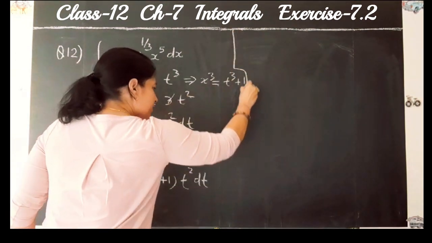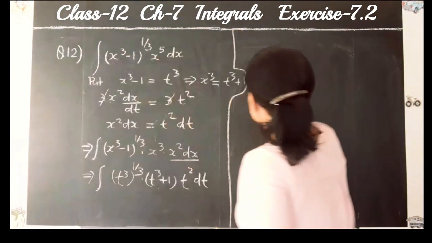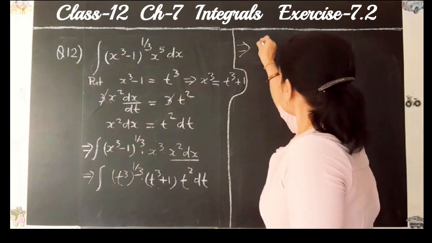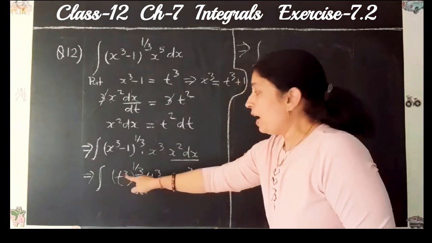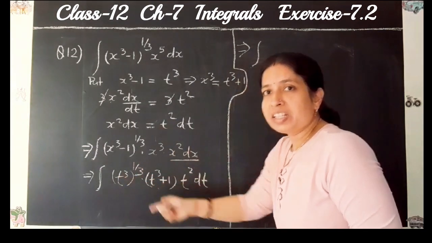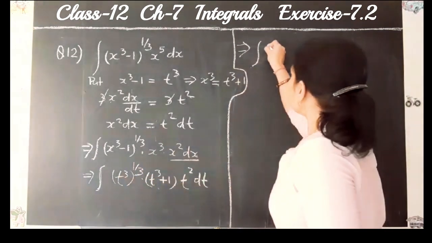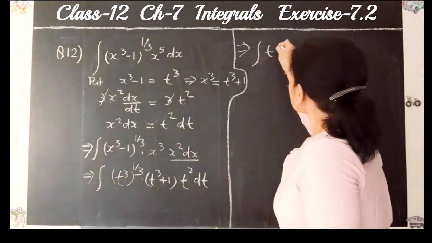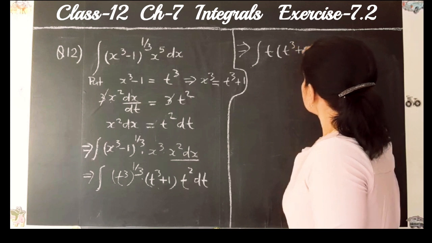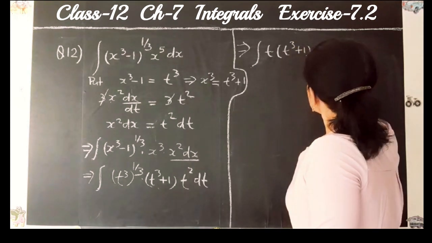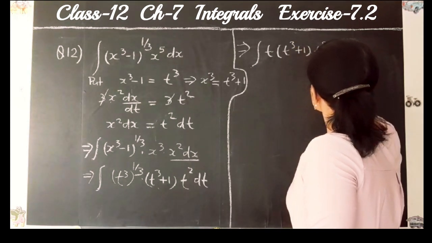Then multiply and we can write integral t. Here it is t cube and power is 1 by 3, so it will be t. So right here t into t cube plus 1 into t square dt.